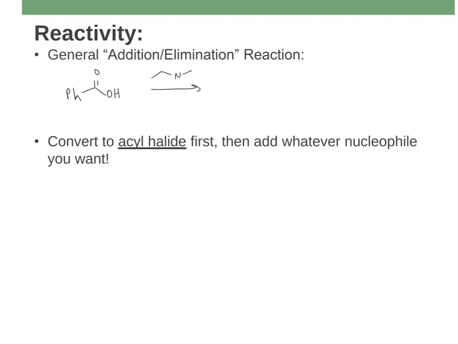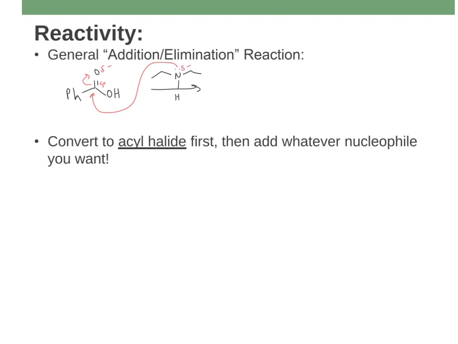Let's say I want to turn it into the N,N-dimethyl amide. The problem here is that if you're trying to mix these together, you can't just have your negative go and attack that partially positive carbon here, right? Partial negative, partial positive, partial negative.